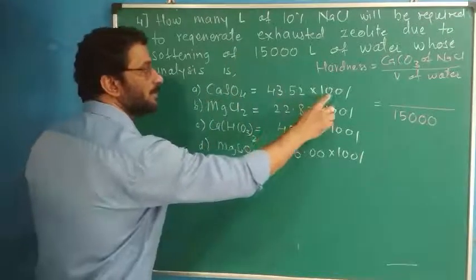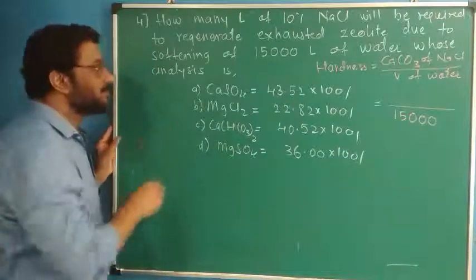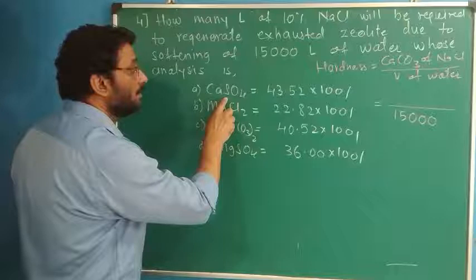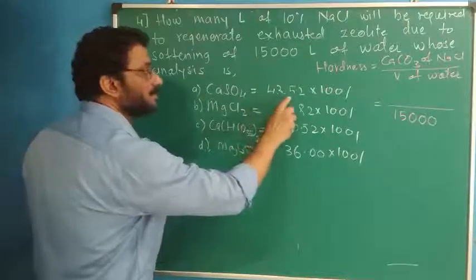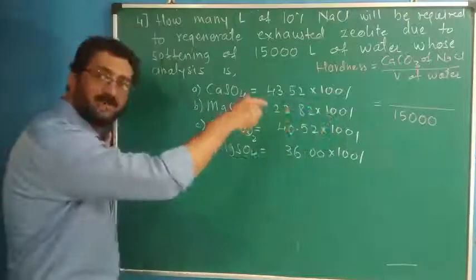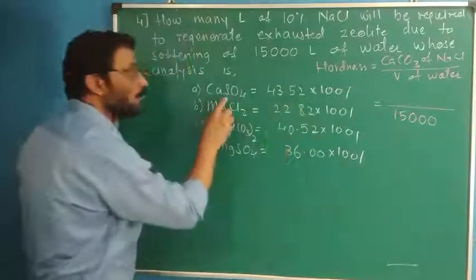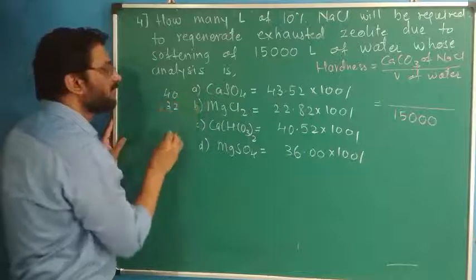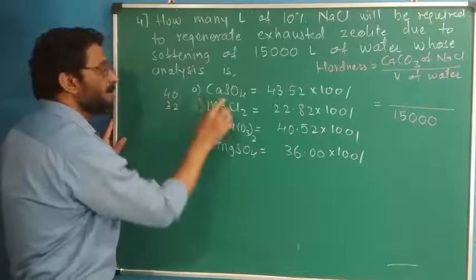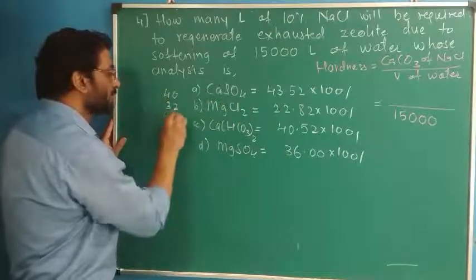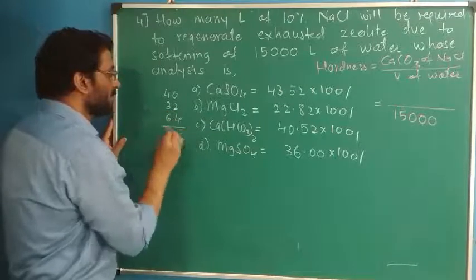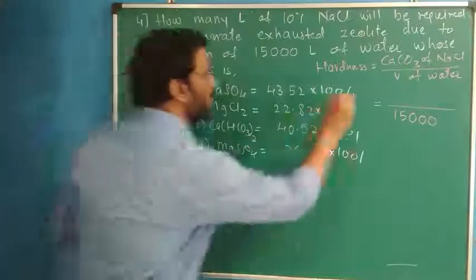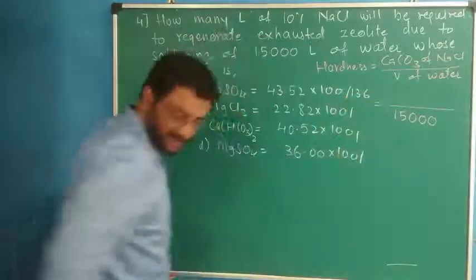Weight of the salt into 100, that is molecular weight of CaCO3, divided by molecular weight of the salt, that is calcium 40, sulfur 32 and 4 oxygen, that is 16 into 4, that is 64. It is 136. So simply you put 136.